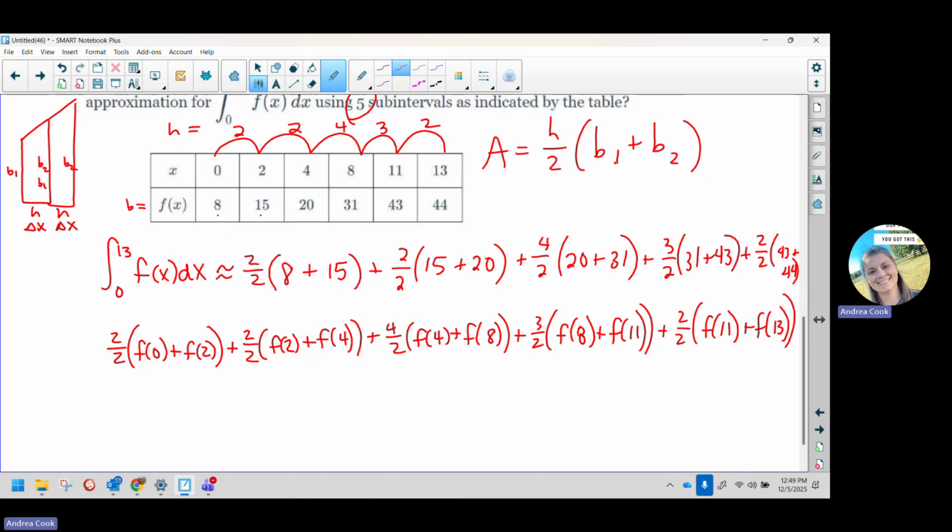That's just writing in function notation. Do you have to do that? No. No, but should you understand for when we do functions and use our calculator?